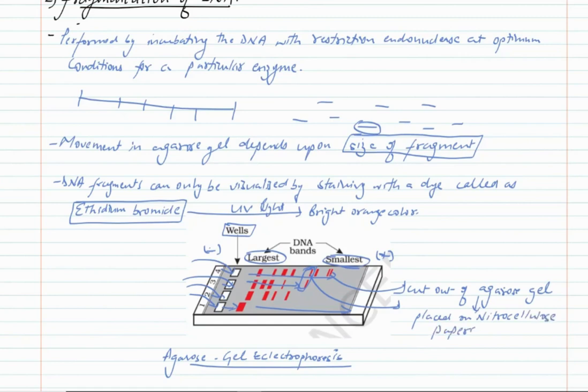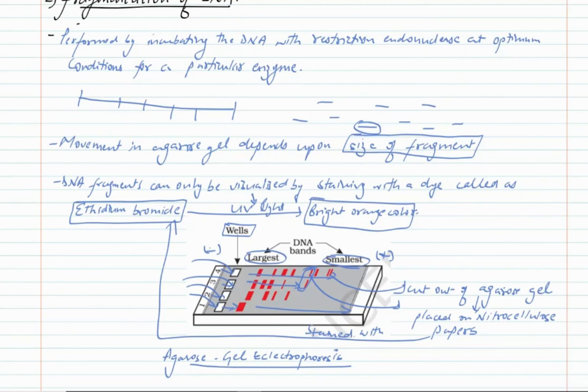Then they are stained with ethidium bromide. Then UV light is shone and a bright orange color is obtained, and we will know which is our fragment of interest.